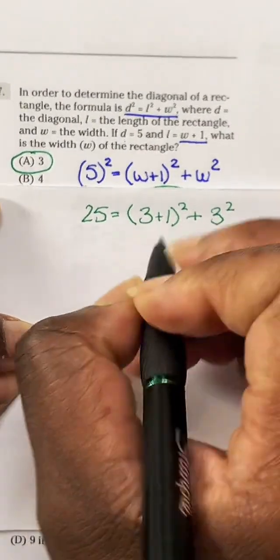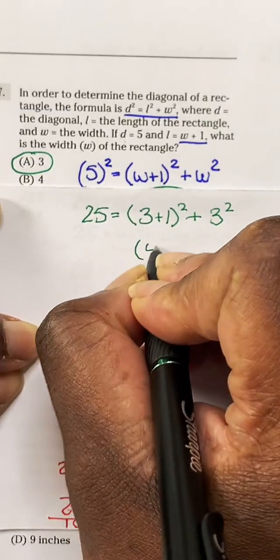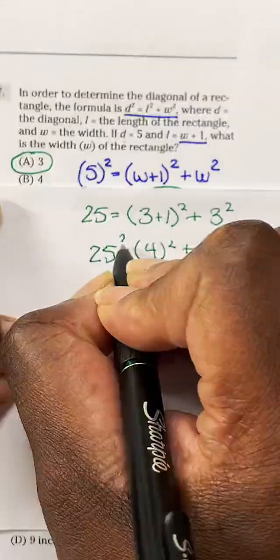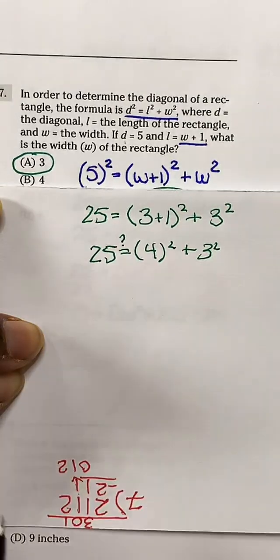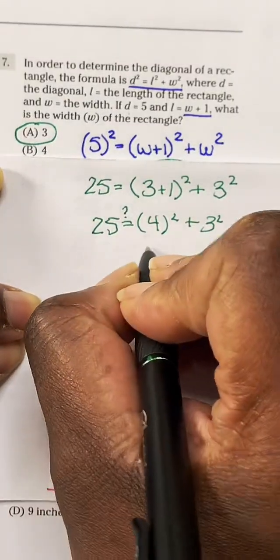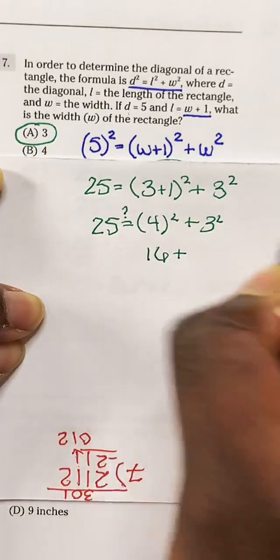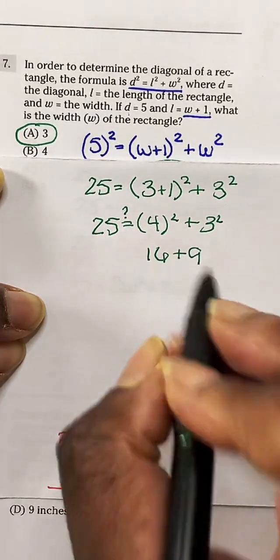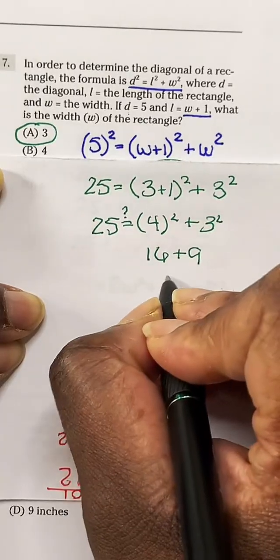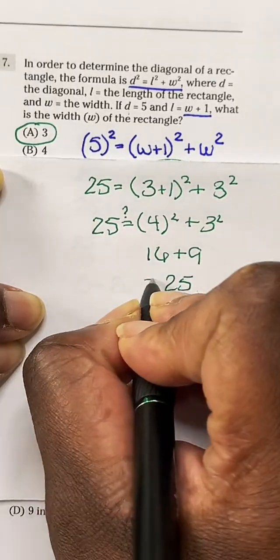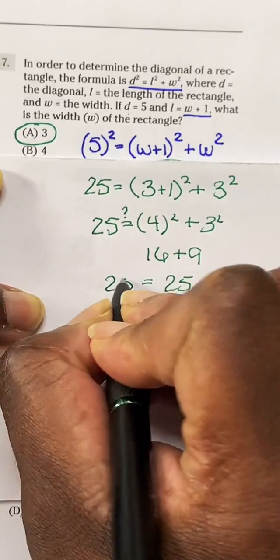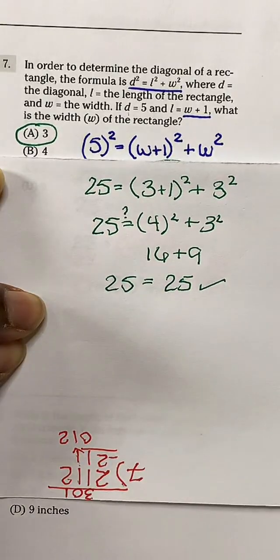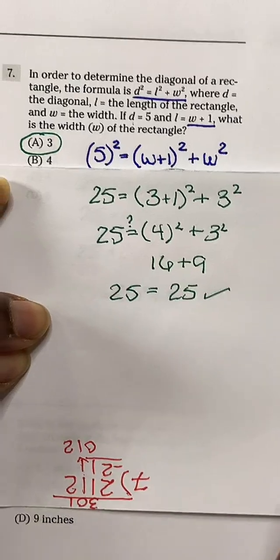Well, 3 plus 1 gives me 4. So 4 squared gives me 16. And 3 squared gives me 9. 16 plus 9, 25. So that means when we plugged in the 3, it gave us our correct answer.